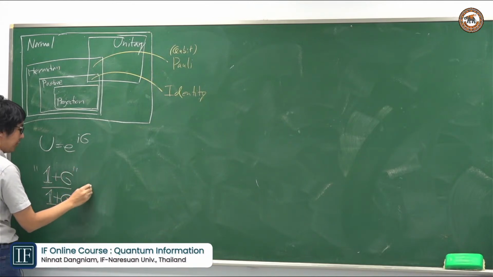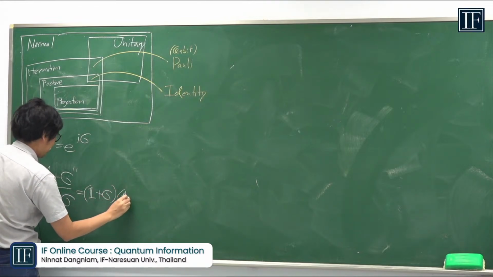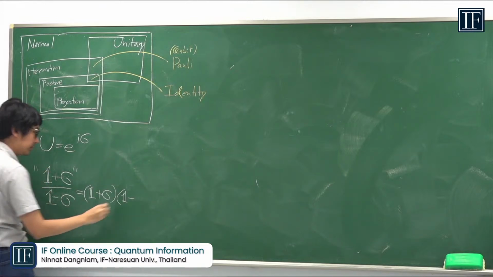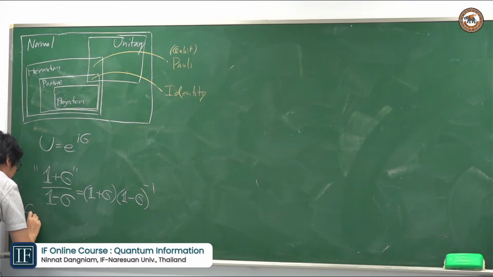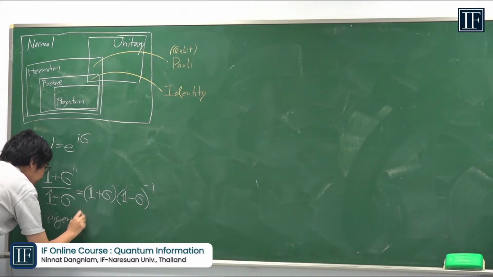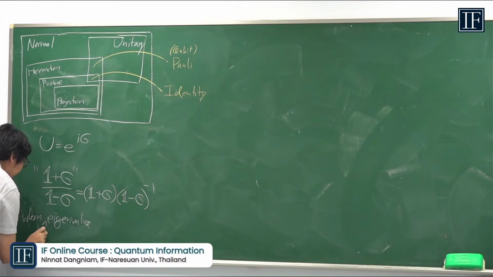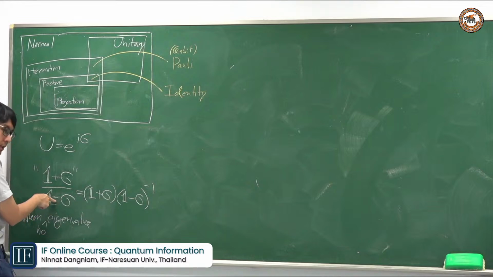This is just a shorthand for, sorry, no eigenvalue of G is 1, just to make this non-zero, not blow up, right?